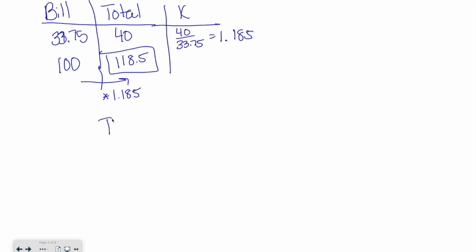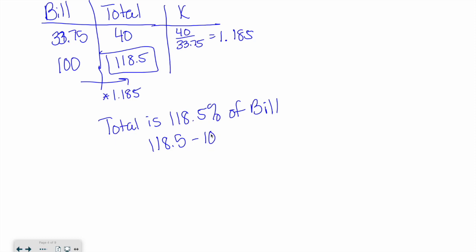So the total is 118.5% of the bill. But we wanted to know about the tip, so we would do 118.5% minus 100, and we would get 18.5%.